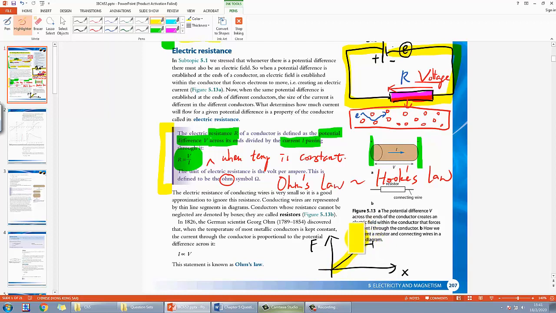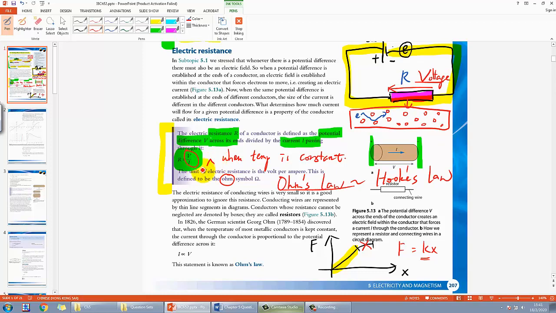But for here it does not follow Hooke's law, because it's curved, and Hooke's law is simply F equal to Kx, where K remains a constant. That means F and x are directly proportional. Similar to Ohm's law here, we are saying that V and I are directly proportional.